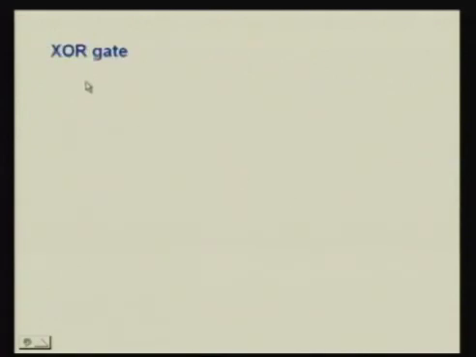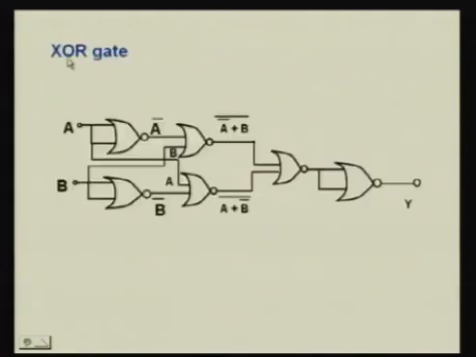Now how can we realize an XOR gate? Again, this is very simple. I have not written the detail here. For an XOR gate, we need Y is equal to A bar B plus AB bar. Again, if we simplify the circuit by taking the double complement of both sides, we can easily get this circuit.